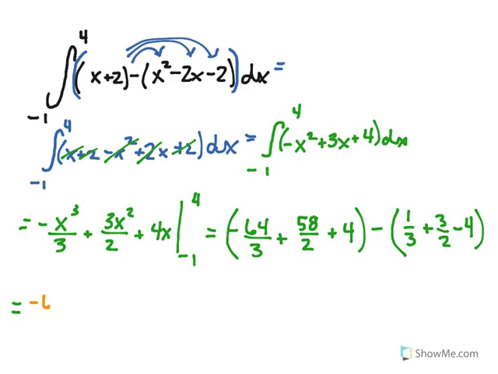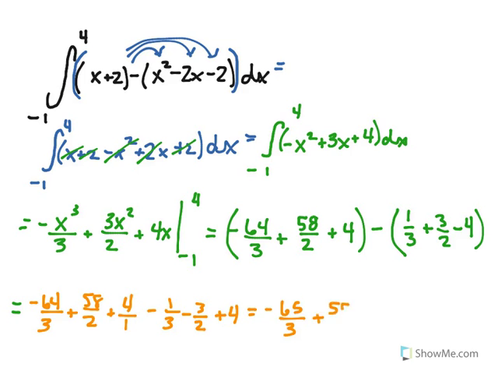So we get negative 64 over 3 plus 48 over 2 plus 4 over 1 minus 1/3 minus 3 over 2 plus 4, which will simplify down to negative 65 over 3 plus 45 over 2 plus 8 over 1, and this is as far as we'd gotten yesterday with the problem.